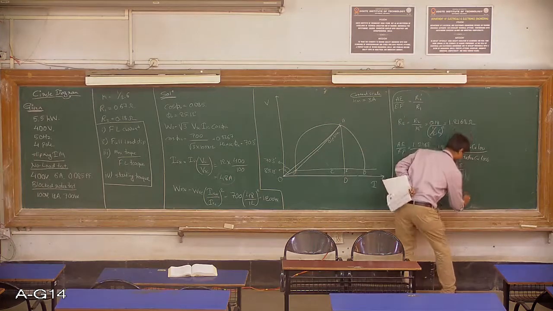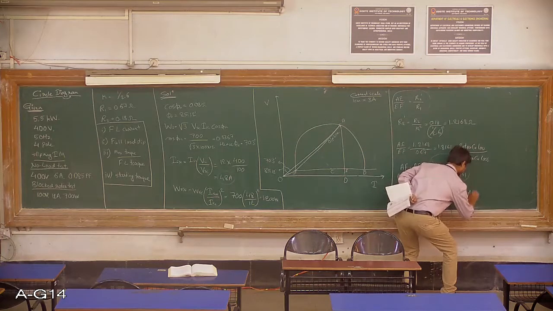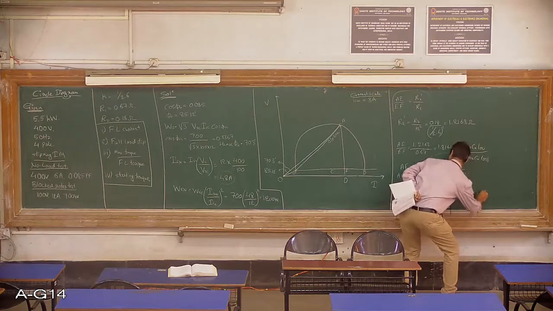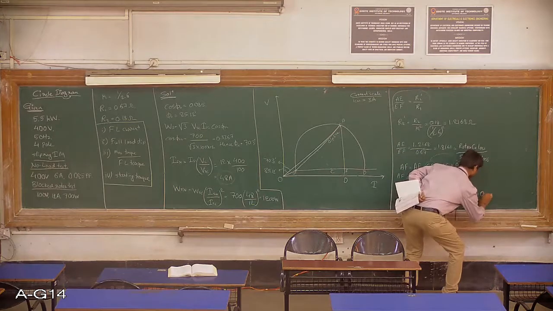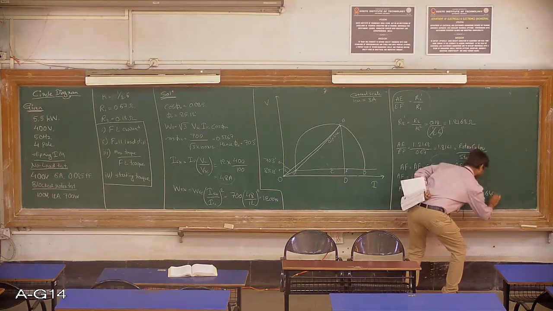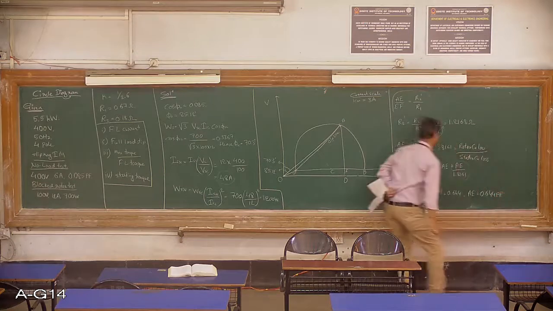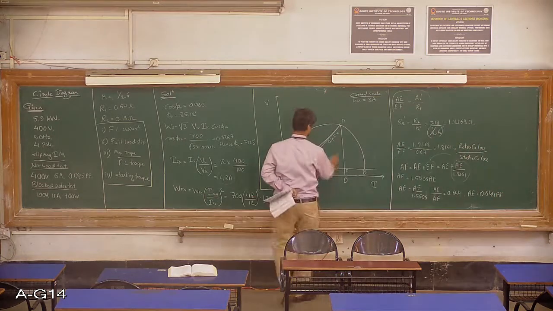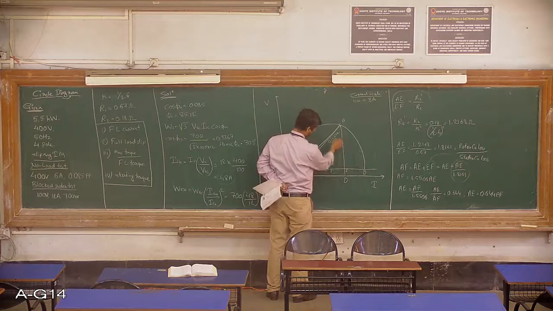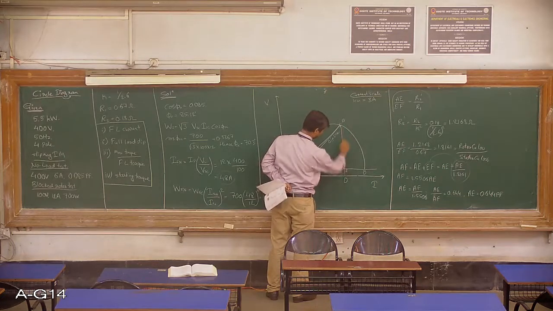Okay, I'll write down here AE is equal to 0.644 times AF. The point E will be here at 64% of this entire length.